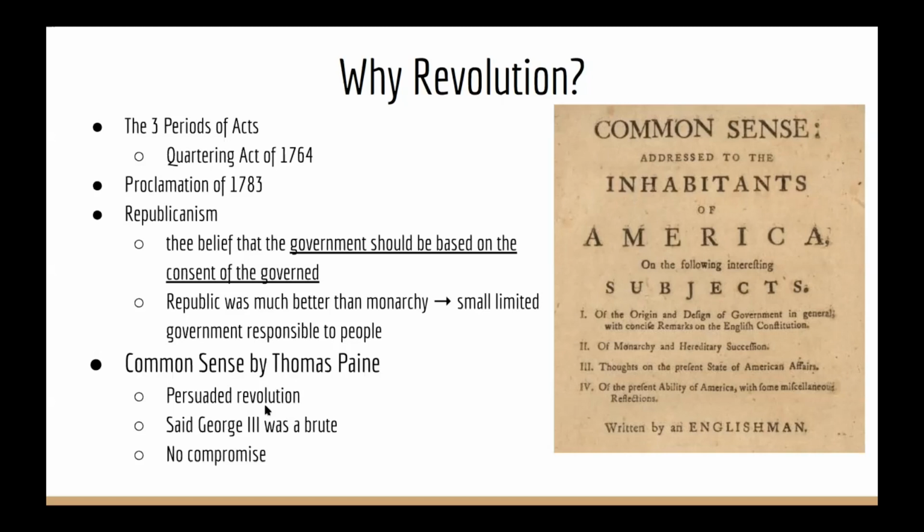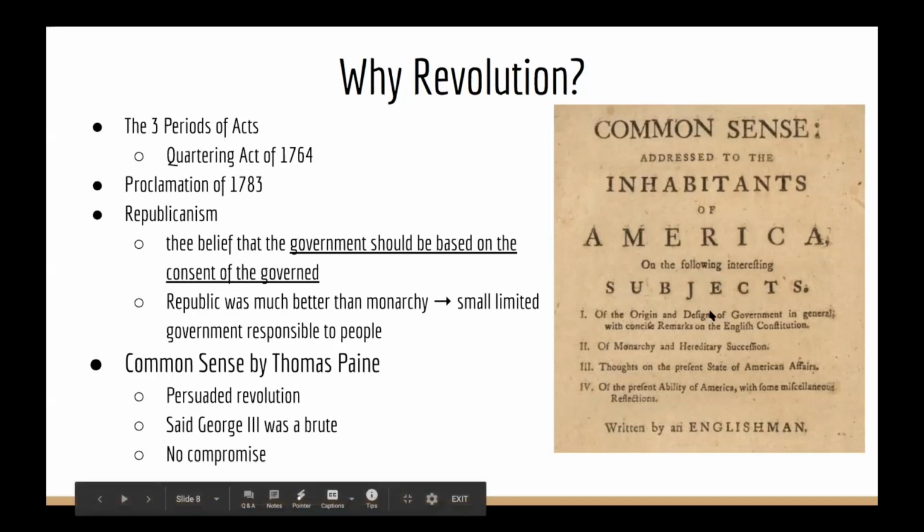And in Thomas Paine's book, it also said that there's no compromise the colonies could make with Britain, because Thomas Paine was very set on separating the colonies from Britain. And on the right, it's a little short cover.